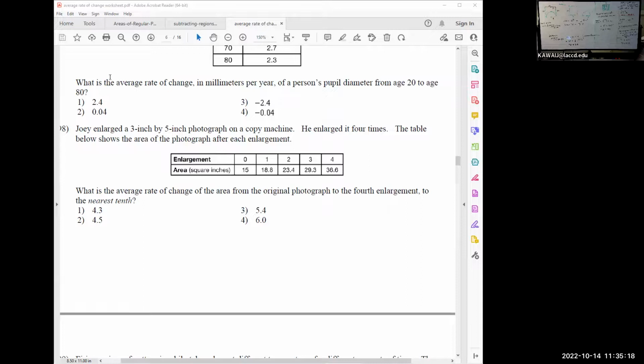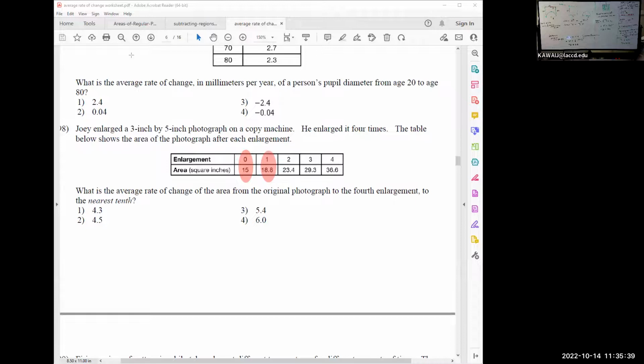Okay. Now, looking at this, it's not really clear whether they want me to start from this one or start from this one, right? Because they said that he enlarged it 4 times. So wouldn't full size be 1 or is it 0?